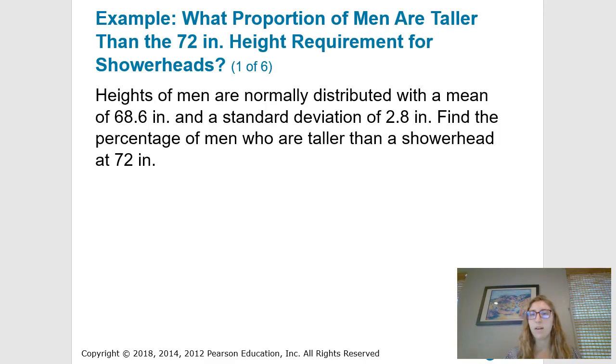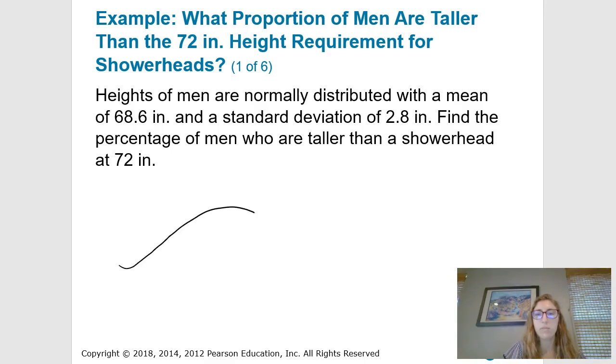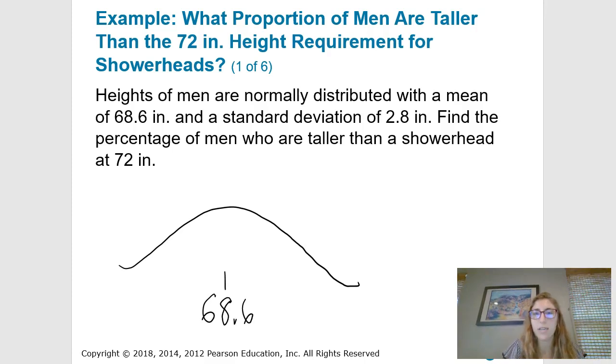All right, so let's look at this example problem. Heights of men are normally distributed. Okay, so again, with all of these problems, you want to draw your picture. So we have a normal distribution here. Now our mean is 68.6 and we have a standard deviation of 2.8.